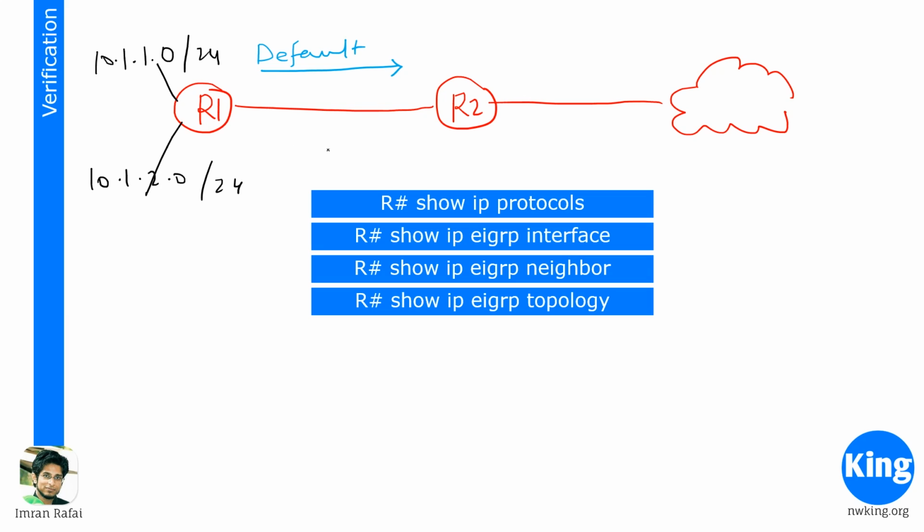Then we would send a summary route to 10.0.0.0/8, right? A whole summary route for class A is sent to router 2, pointing to router 1. Now when traffic comes to 10.0.0.0, like for instance R1 has sent the summary route to R2.